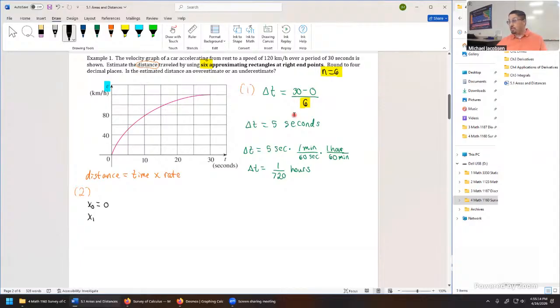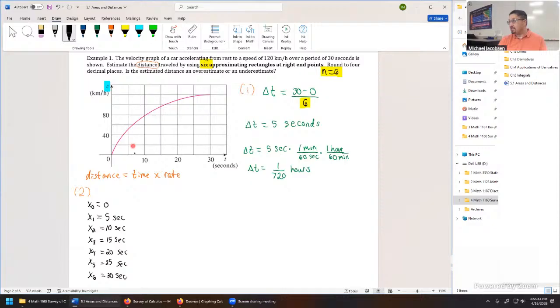I think that'll be a little bit more natural to use. It'll be 5 seconds. X2, 10 seconds. X3, 15 seconds. X4, 20 seconds. X5 is 25 seconds. And X6 is 30 seconds. So those are all of our endpoints.